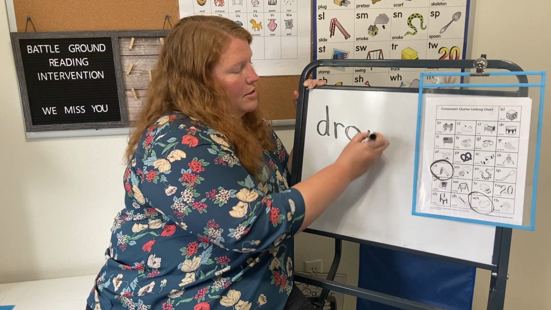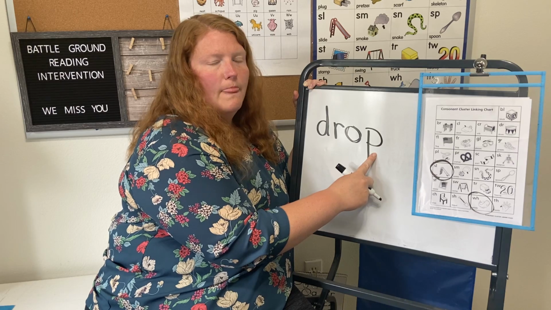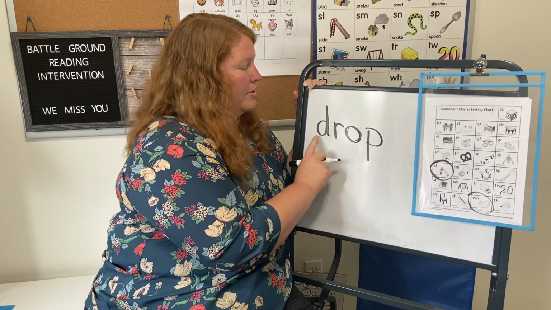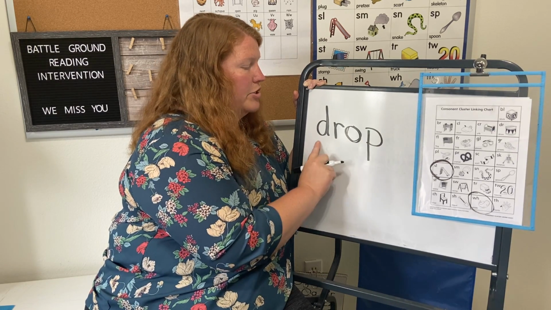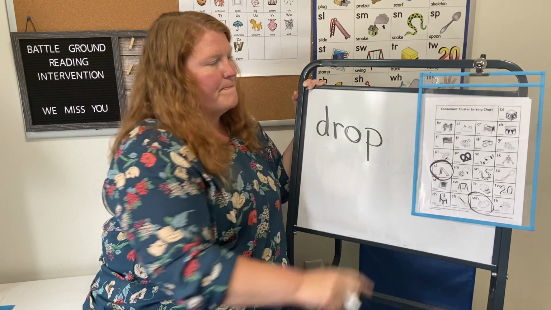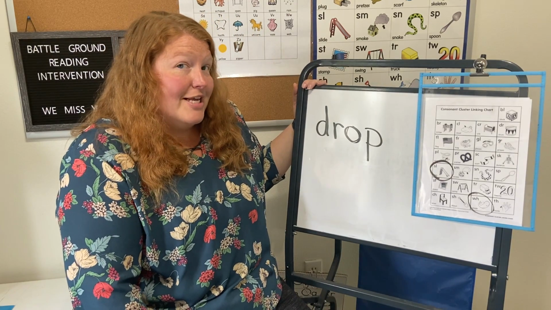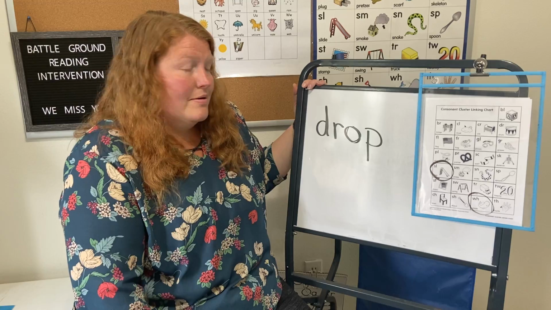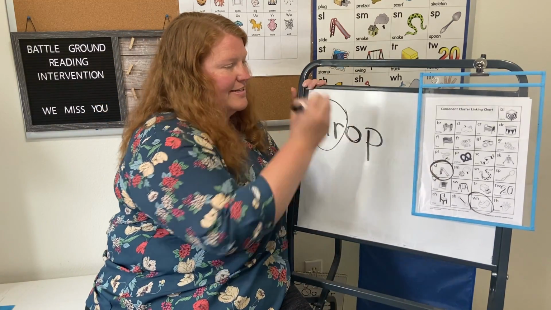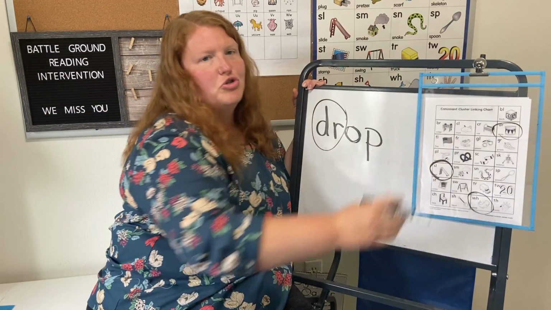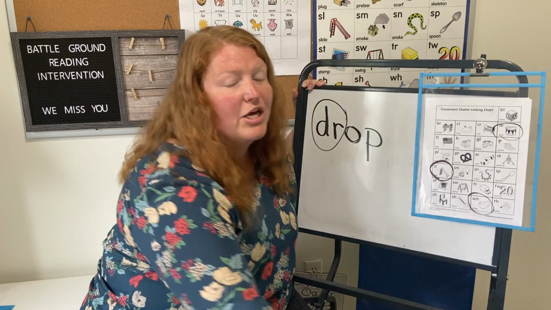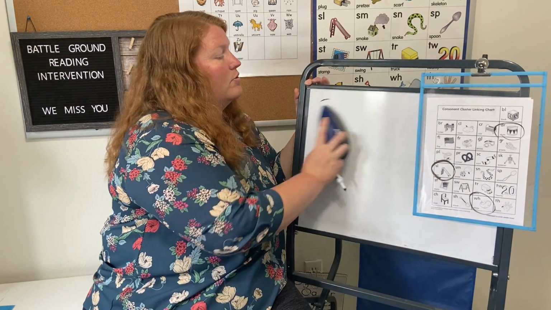Draw. Last sound. P. Put it all together. D. Op. Drop. Where is the consonant cluster in this word? Right here at the very front. DR. Just like drum. Drum and drop. Great work.